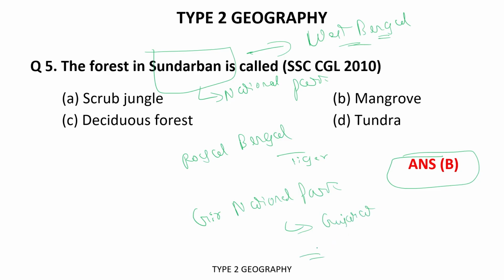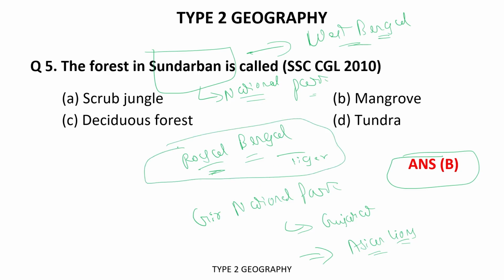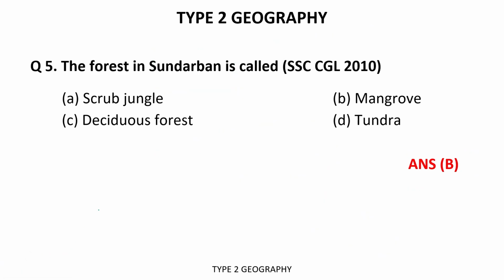And it is very famous for Asian lions. So remember these points. Sundarban, which lies in West Bengal, is a national park famous for the Royal Bengal tiger. Thereafter, the Gir National Park, which lies in Gujarat, is famous for Asian lions.